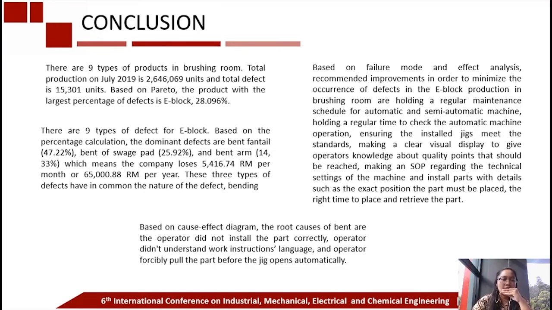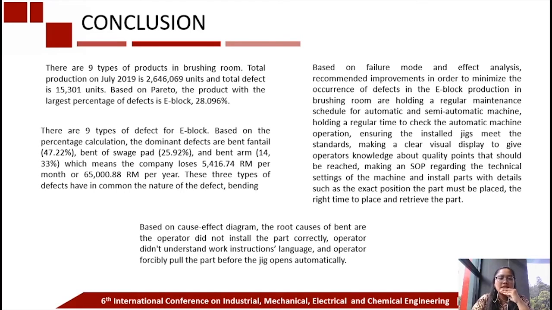And there are 9 types of defects also for the specific product E-block. Based on the percentage calculation, the dominant defects are bend fan tail, bend swag pad, and bend arm, which means the company loses up to 5,000 ringgit per month, or 65,000 ringgit per year.